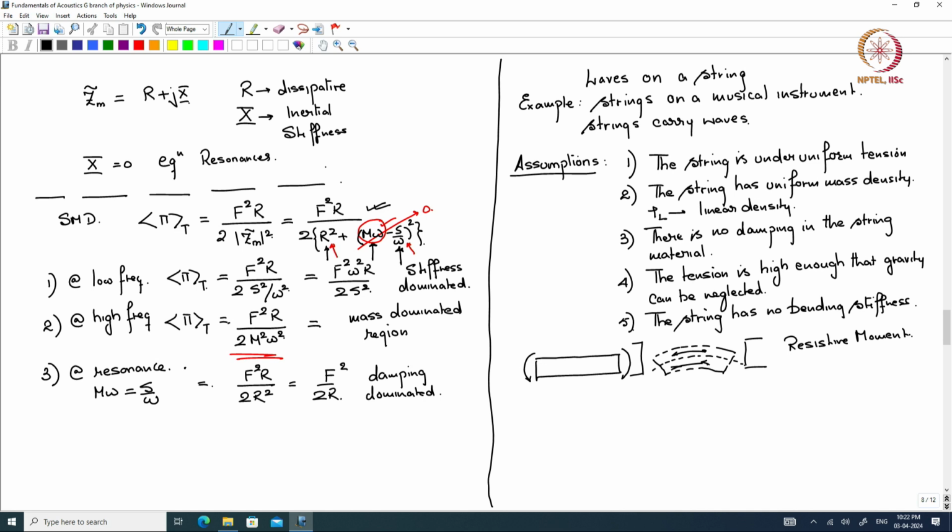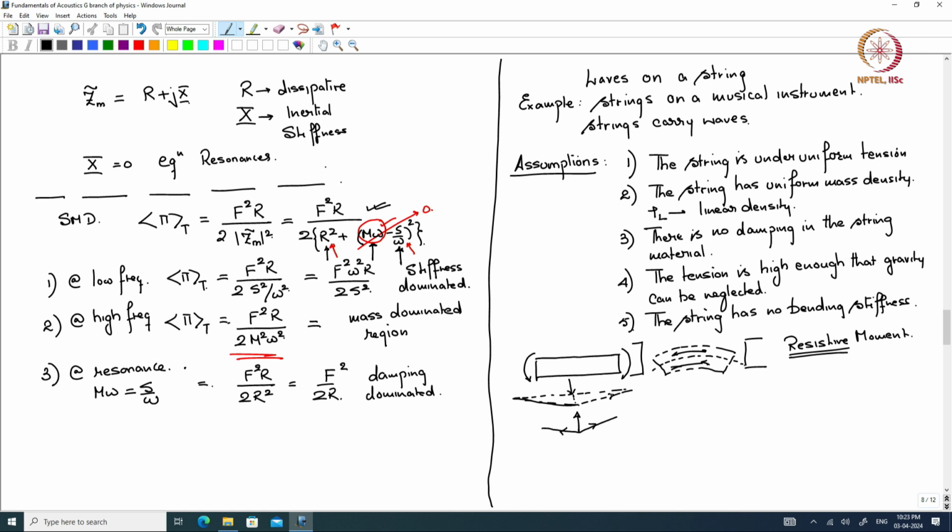Now, in the case of the string, when we mean there is no bending stiffness, what we mean is that there is no resisting moment that comes. The entire resistance, if there was a string originally and I apply a force over here, then the force deforms the string. The resistance to this force comes through the components of the tension in the vertical direction.